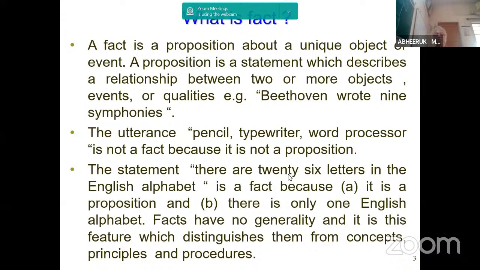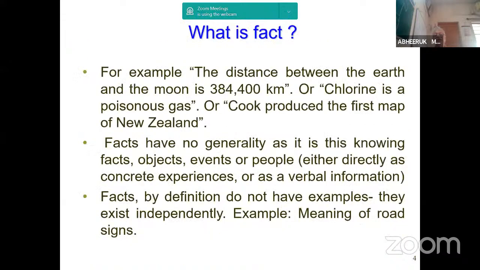This is a proposition between 26 letters and the English alphabet, because there is a unique English alphabet, within which 26 letters are there. I think it is clear to you. This is called a fact. Another example: the distance between the Earth and the Moon is 384,400 kilometers. Chlorine is a poisonous gas. Chlorine and poisonous gas. So this is called a proposition.